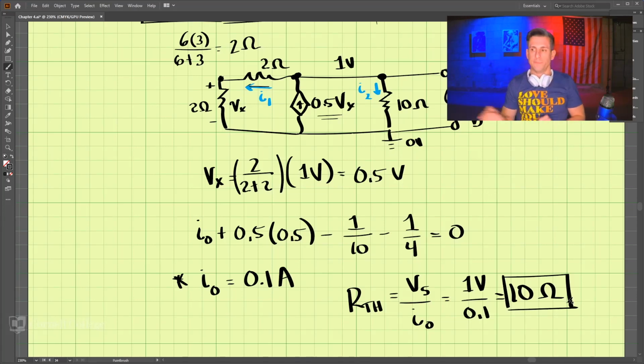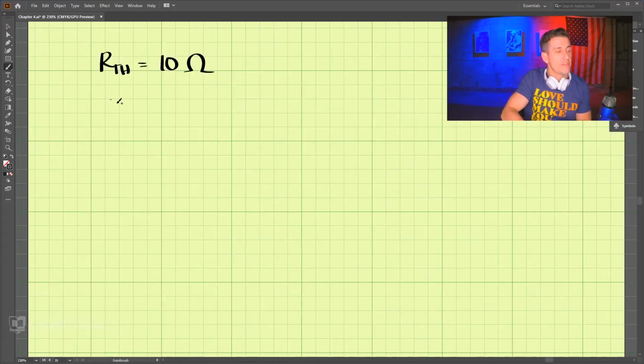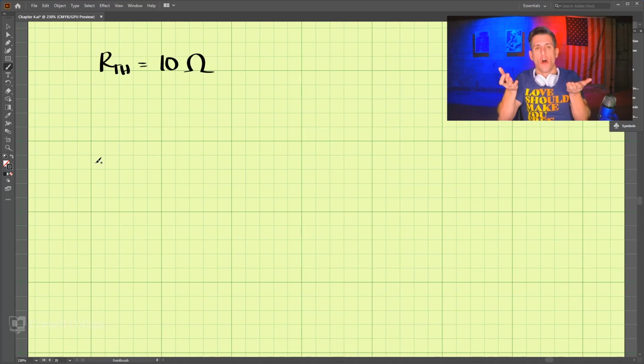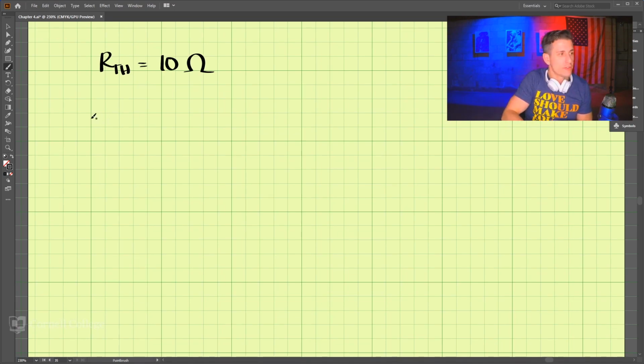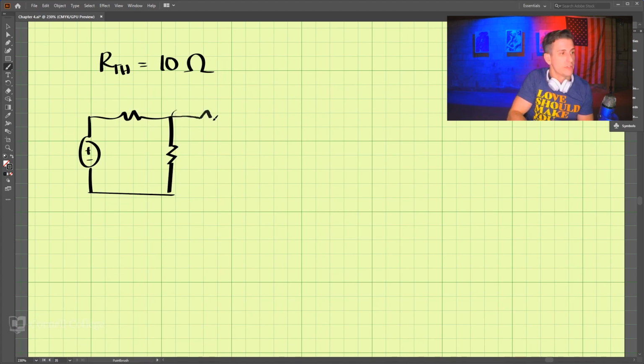Let's continue on. Since we know the Thevenin resistance now, we turn back on all the independent sources, and we need to find the Thevenin voltage. So let's draw this circuit. We have our 50 volt voltage source, a resistor here, a resistor up here, then our dependent current source, and another resistor over here.